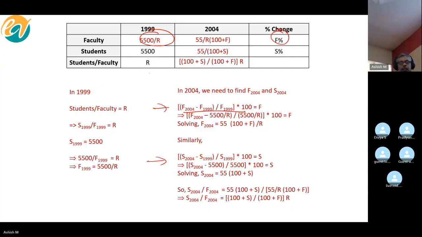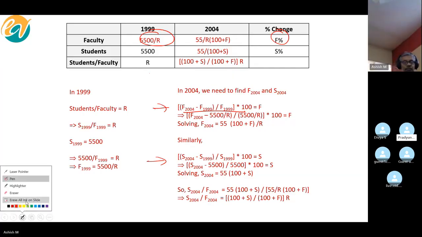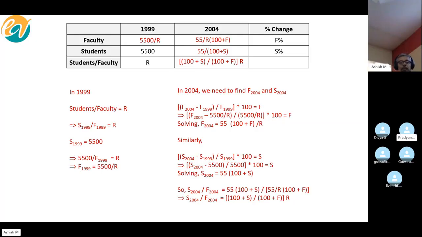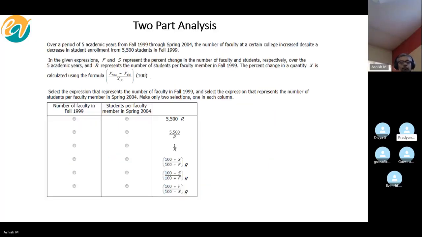Pradyumna, you had a question as well? When you go back to the question, it says that there has been a decrease in student enrollment. When we say there is a -5% change in percentage, it says that the rate represents the percent change.